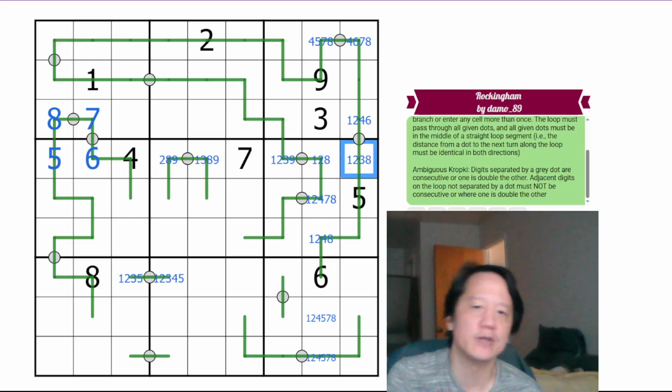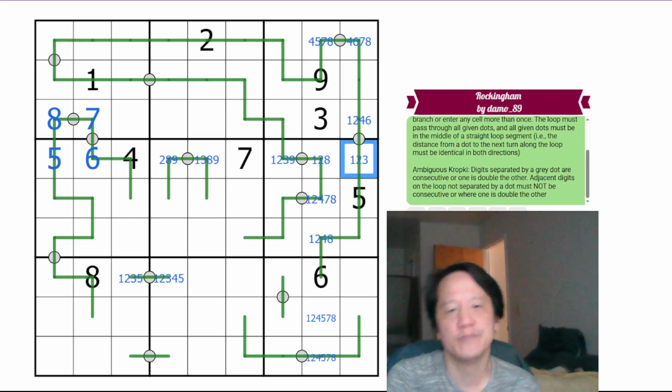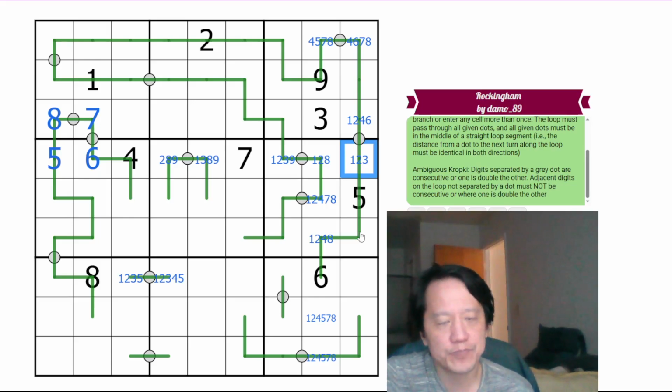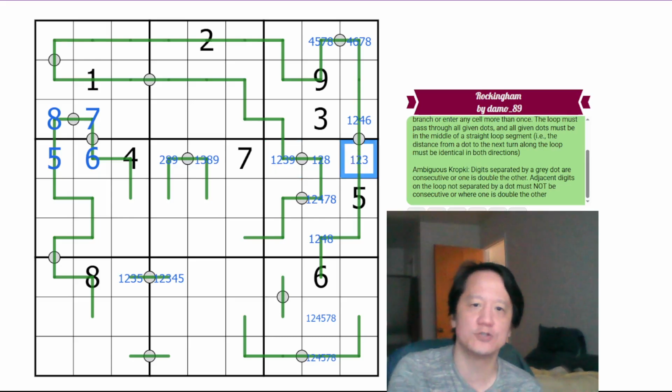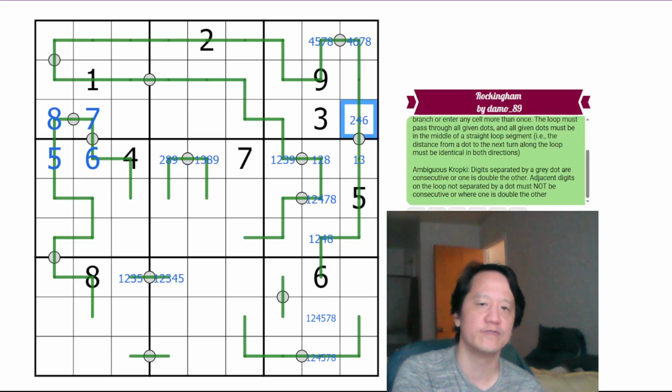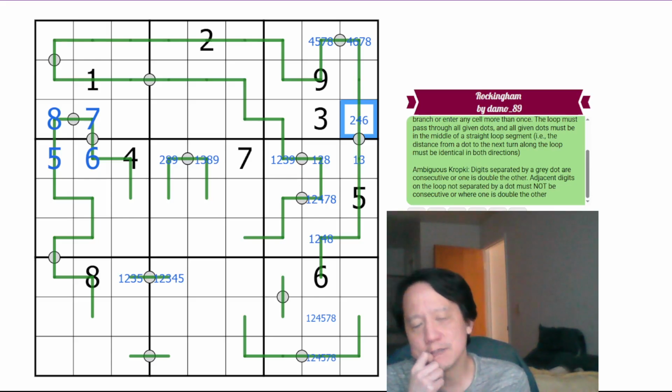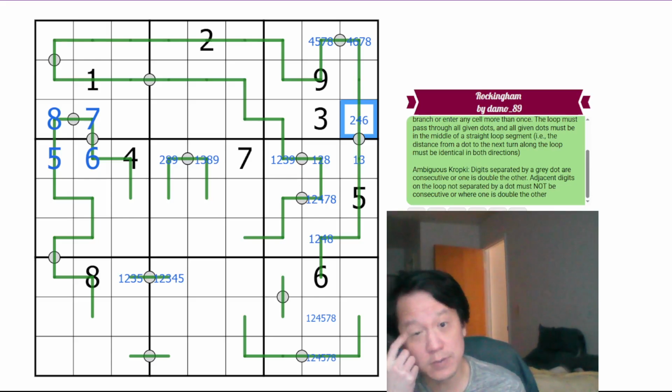So this cannot be 8 then. Okay, well, there we go. 2 has to be either with 1 and 3, so this cannot be 2. So we have 1 here, which would force this to be 2, or 3 here, which means it could be 2, 4, or 6 there. So that's possible.